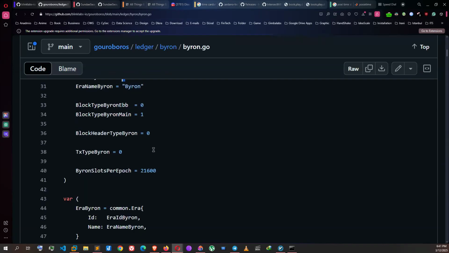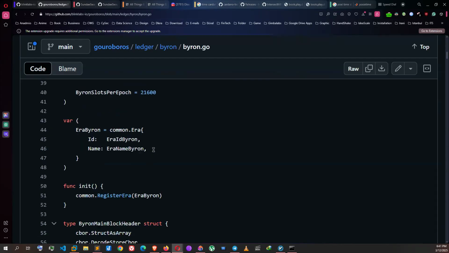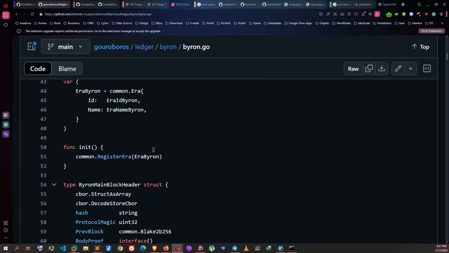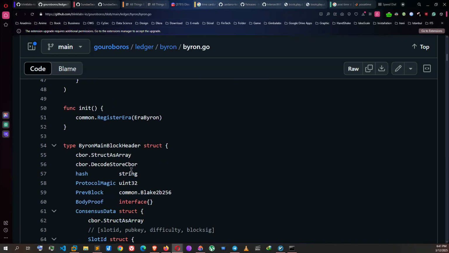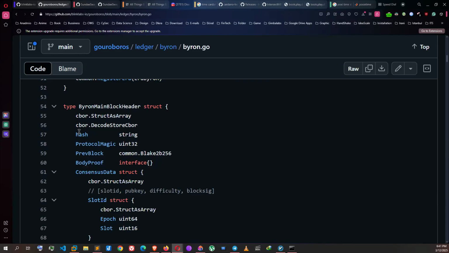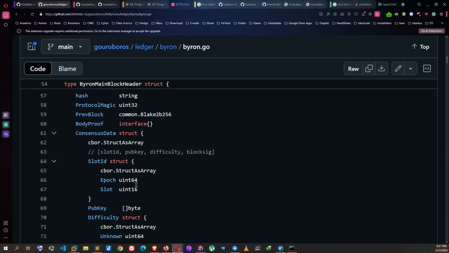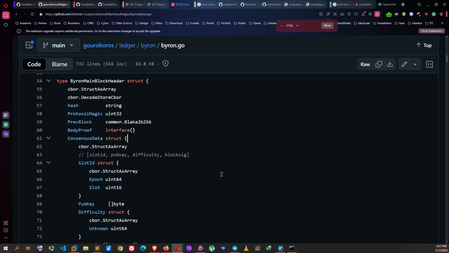Anyway, the truth is there's not been a Byron network that is not that setting, so we just didn't care. Keep going. You'll see, we register the era. That doesn't matter, but you can get into seeing this is the actual shape of the block header, right, in the Byron era.